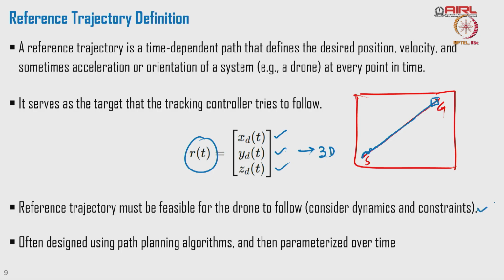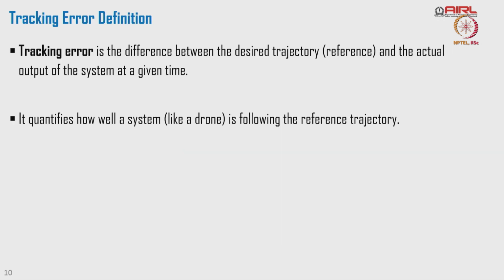Okay? Fine. It is often designed using path planning algorithms and then parameterized over time. Okay? Fine. What is tracking error? It is the difference between the desired trajectory and the actual trajectory. Okay? It quantifies how well a system is following the reference trajectory.